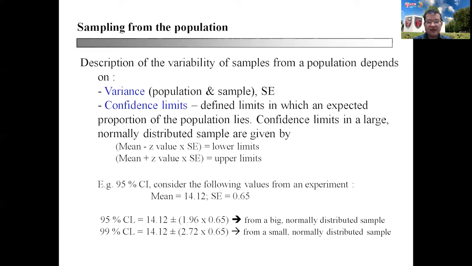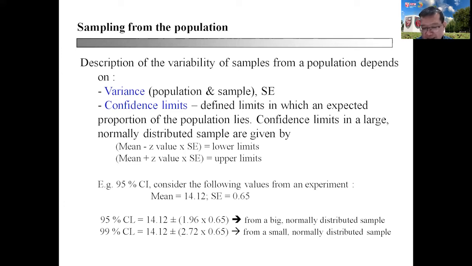And if you are referring to 99% confidence level, then you use a Z-score of 2.72. As you can see here, the same mean, 14.12, but if you are looking at 99% confidence level, the upper limit will be given by the product of 2.72 multiplied by 0.65 added to 14.12.